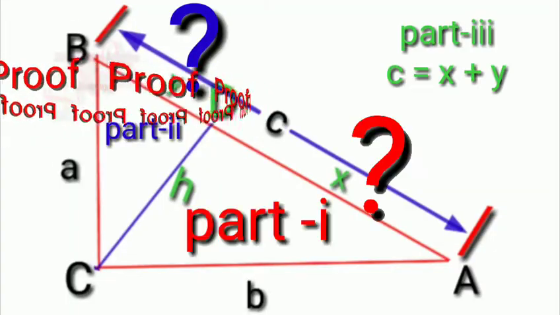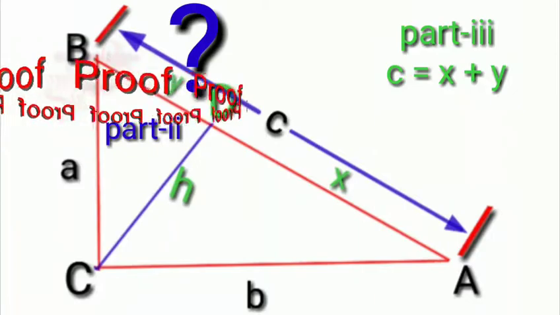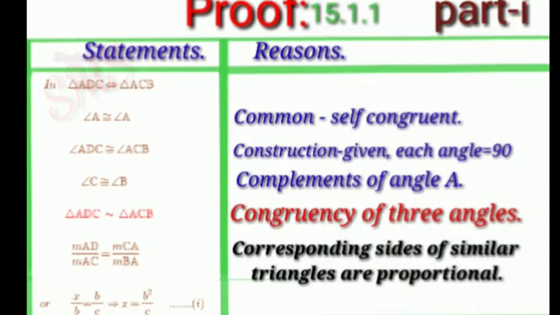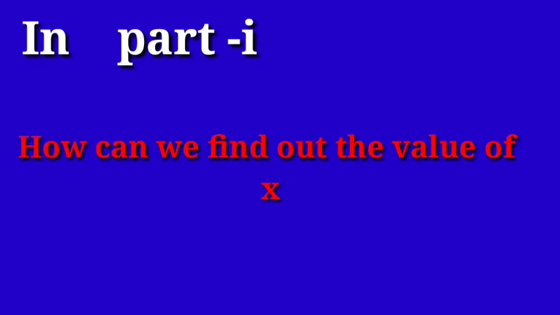Its proof is divided into three parts. In part 1, how can we find out the value of x?